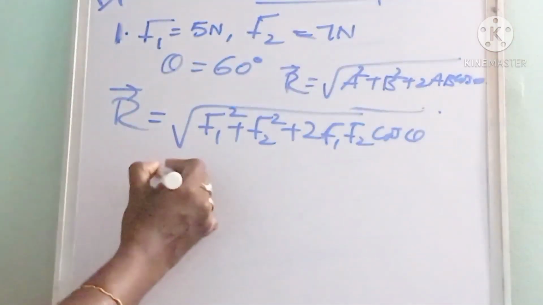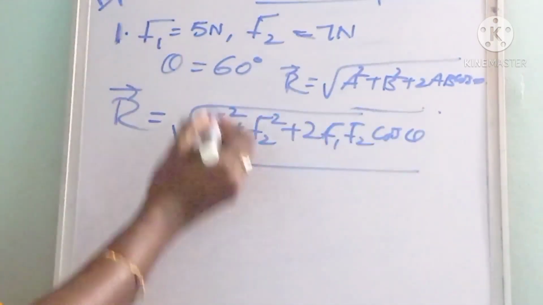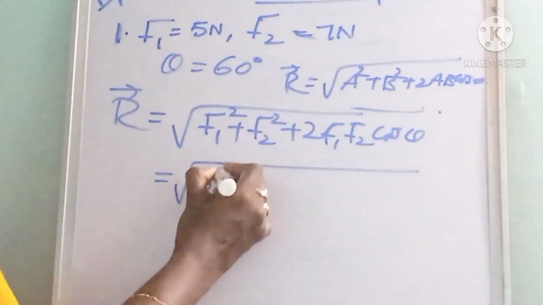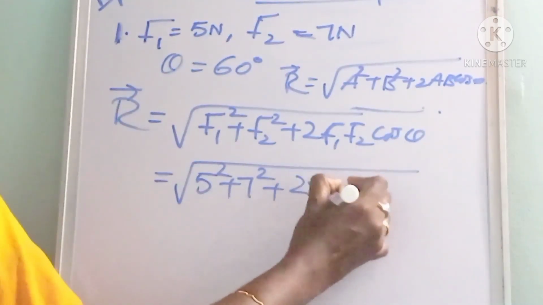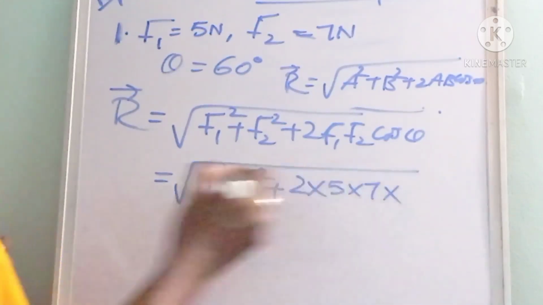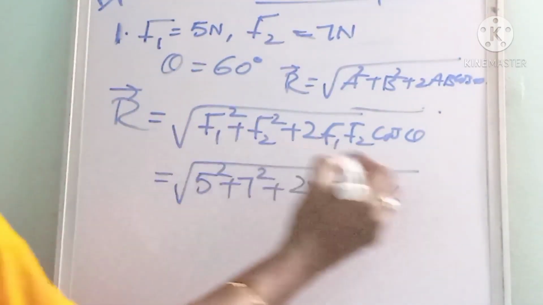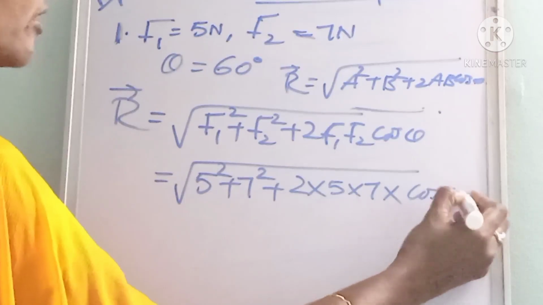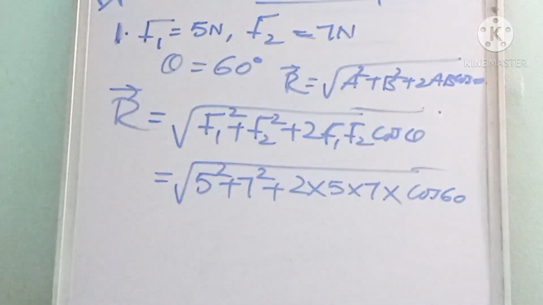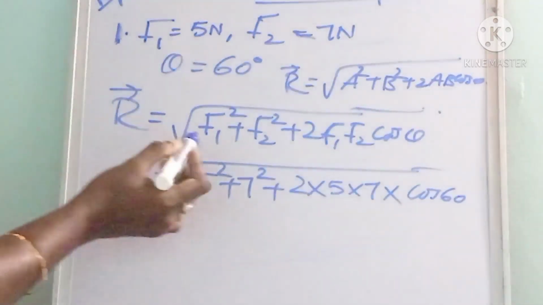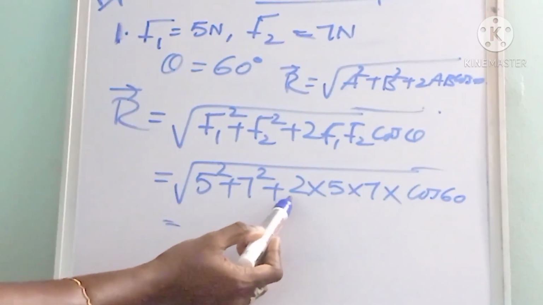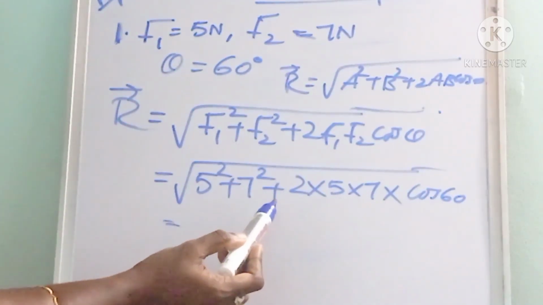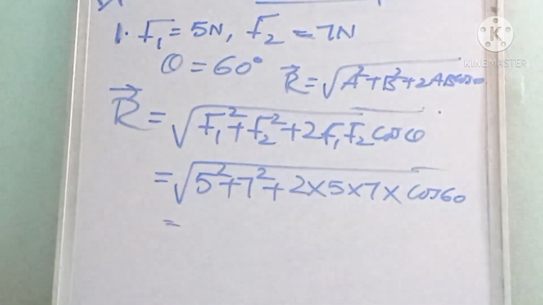Then we can substitute: square root of F1 square, that is 5 square, plus F2 square, 7 square, plus 2 into 5 into 7 into cos theta, that is cos 60.